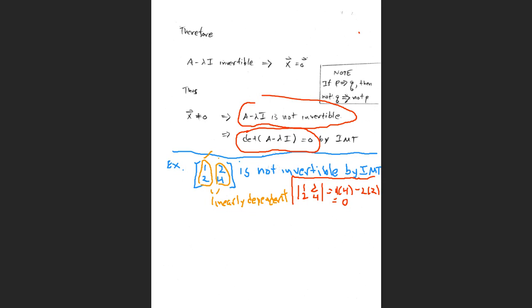And if the determinant of A minus lambda I, what's this equation called? Remember the name? Can anybody tell me?